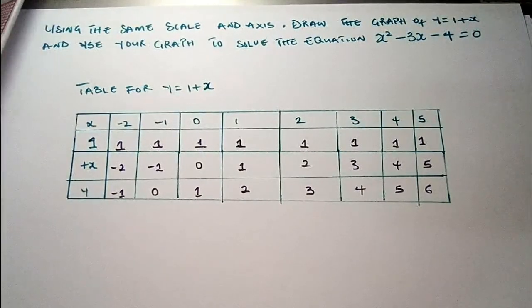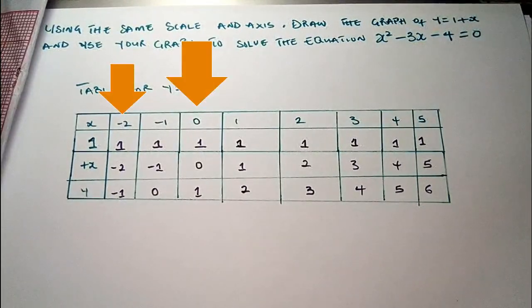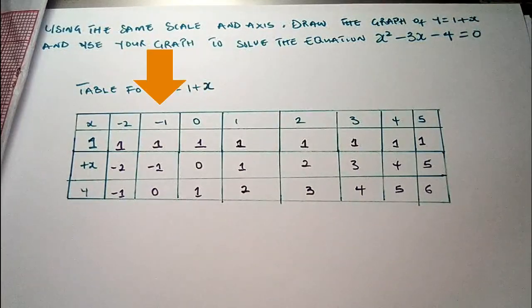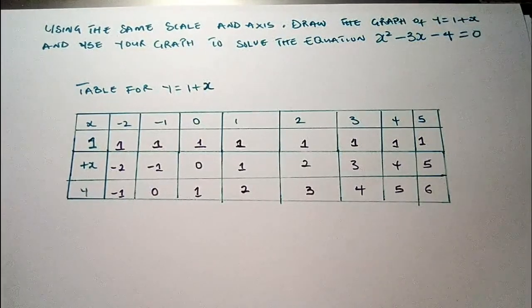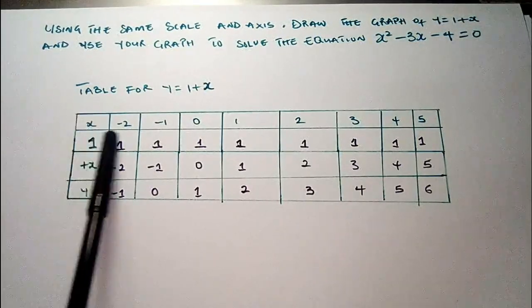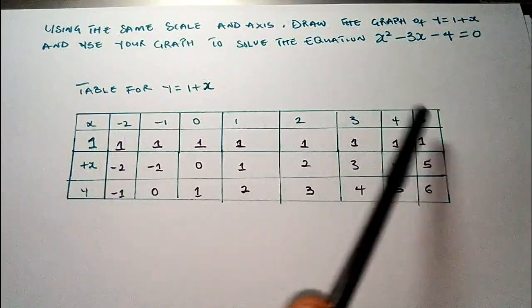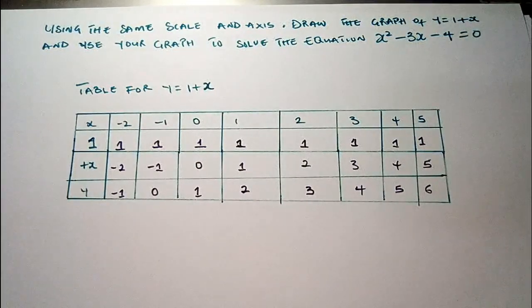You could pick just minus 2, 0, and 3, or you could pick minus 1, 1, and 3. You can pick any three values that are not close to form your table of values for this linear graph. So when you're writing your exam, to make it faster, you can do that, but we've already drawn the table for all the ranges here from minus 2 to 5, so we're just going to use that.